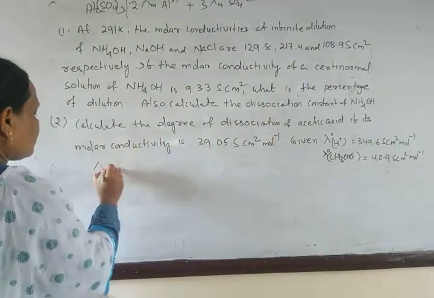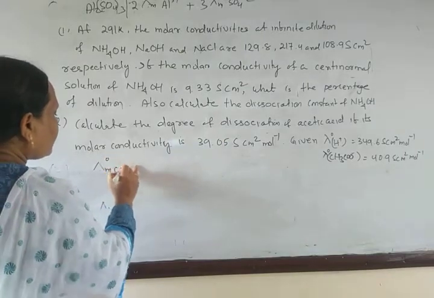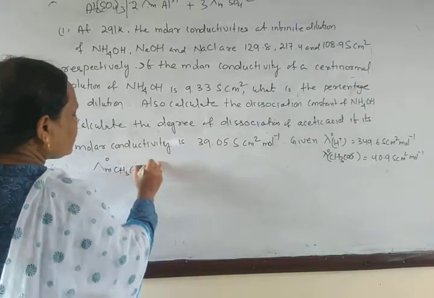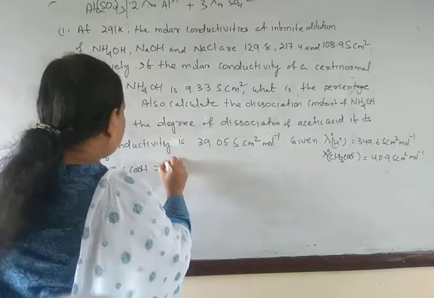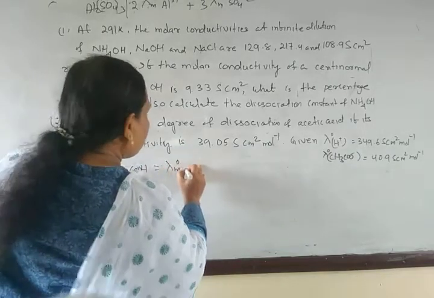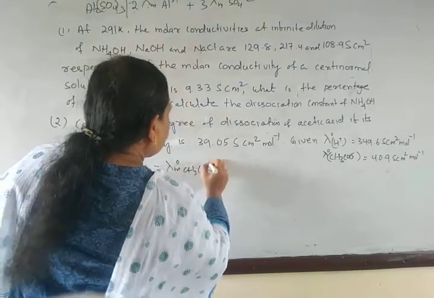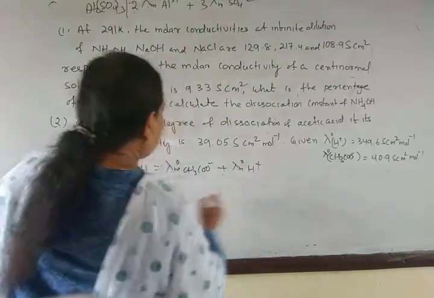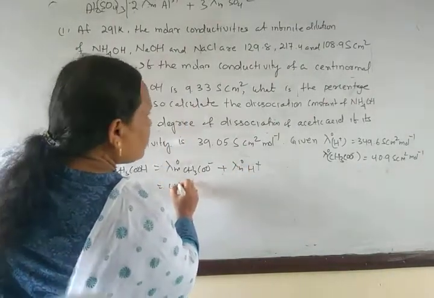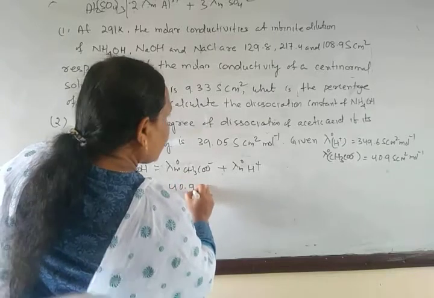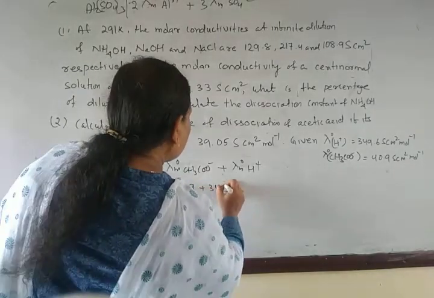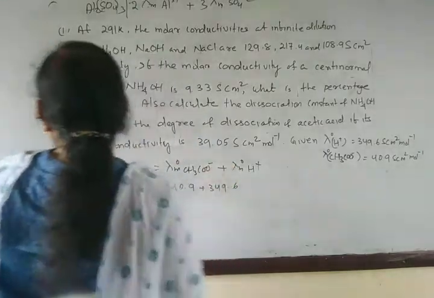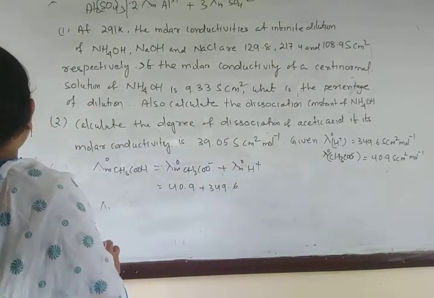Then first we have to find out lambda m naught of CH3COOH. This is equal to lambda m naught of CH3COO- plus lambda m naught of H+. That is equal to 40.9 plus 349.6.